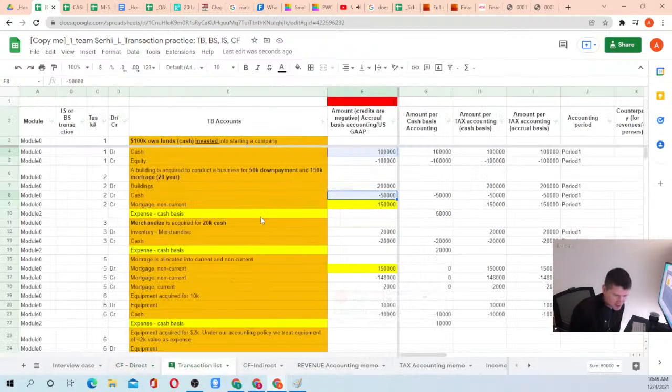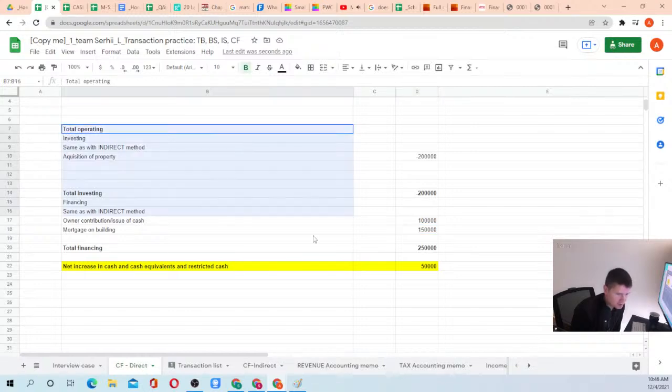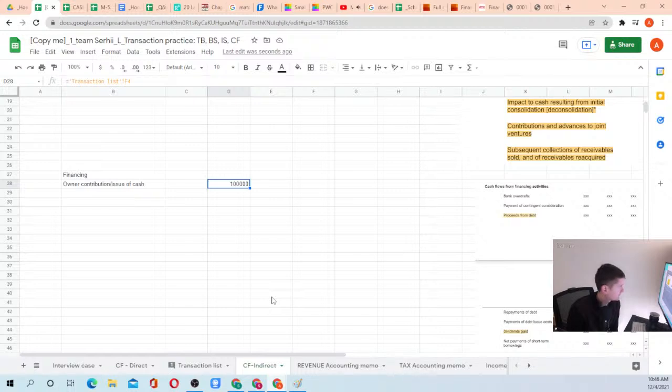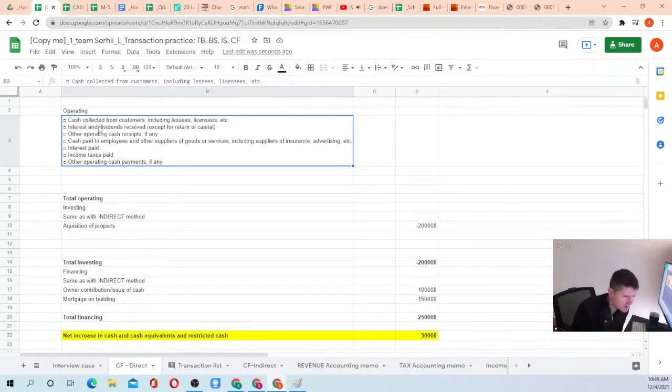Okay, so let's see transaction number 3. Merchandise is acquired for $20,000 cash. So cash outflow and merchandise acquired. So for direct, up to this point, everything will be the same in the indirect method. But what about inventory?